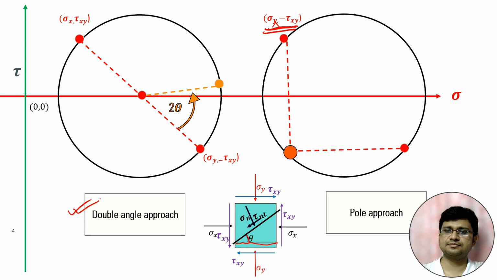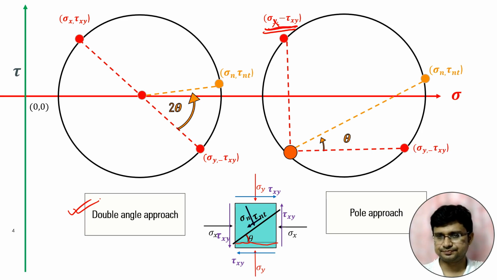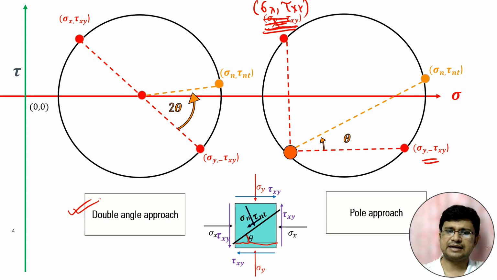Sorry, this is sigma x, tau xy, and this is sigma y, minus tau xy. So this plane is the horizontal plane, and this stress is the stress corresponding to the vertical plane.